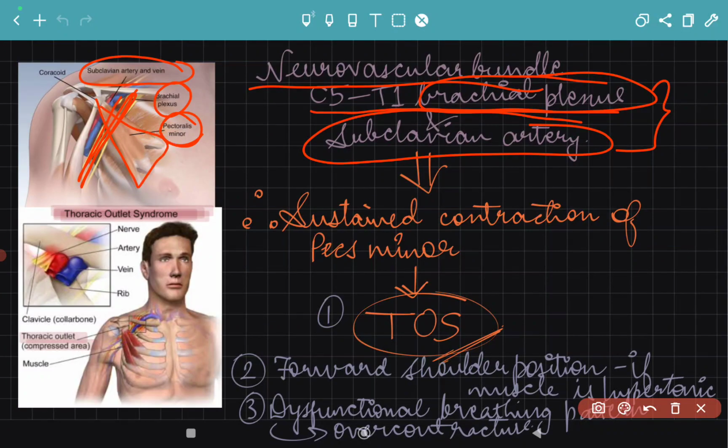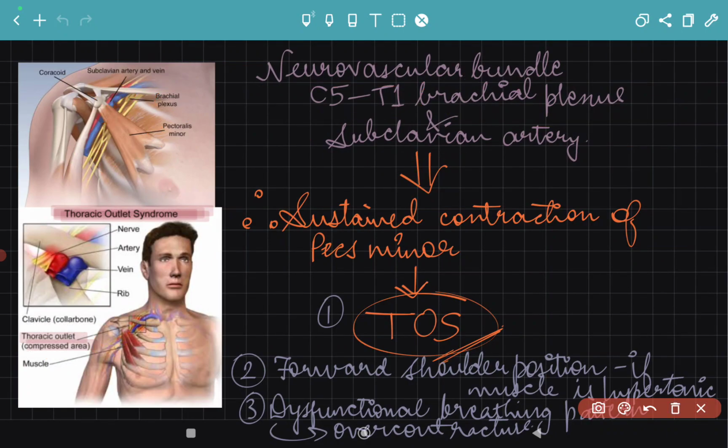So if there is sustained contraction of this pectoralis minor muscle, then there will be compression of those neurovascular structures passing beneath it. That is, we can see over here the thoracic outlet, the compressed area. So this is the thoracic outlet, that from the thoracic region there is this outlet for those neurovascular structures. So if there is sustained contraction of this pectoralis minor muscle, it may lead to thoracic outlet syndrome, TOS.